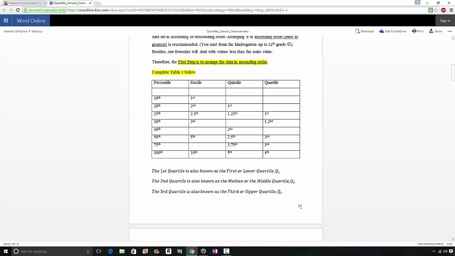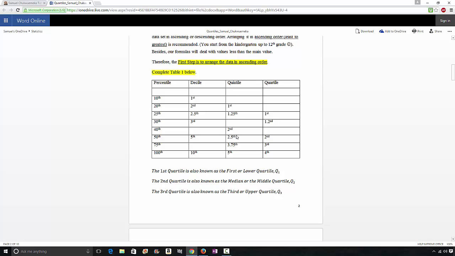So the first group contains 10%, which means the first decile contains up to 10% of the data. The second decile contains up to 20%. So the 10th percentile is what we call the first decile. 20th percentile, second decile. 30th percentile, third decile. 40th percentile, fourth decile. Like decade, when you talk about a decade, it means 10 years. So decile.